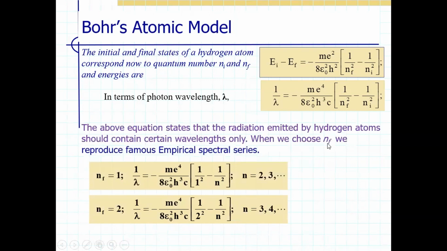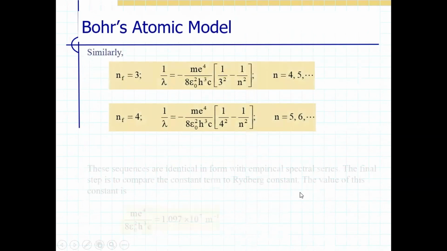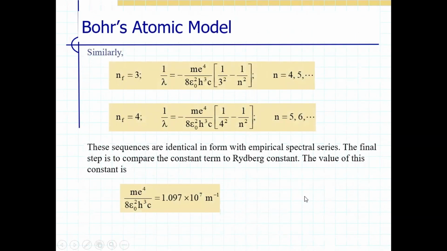We can choose n final and then find the similar relationships that were originally given by the empirical relationships. And we see the great similarity, not only similarity, but we find that Rydberg's constant is exactly the same. And therefore, Bohr's atomic model is reproducing the experimental results, and it is identical in form with the spectral lines.